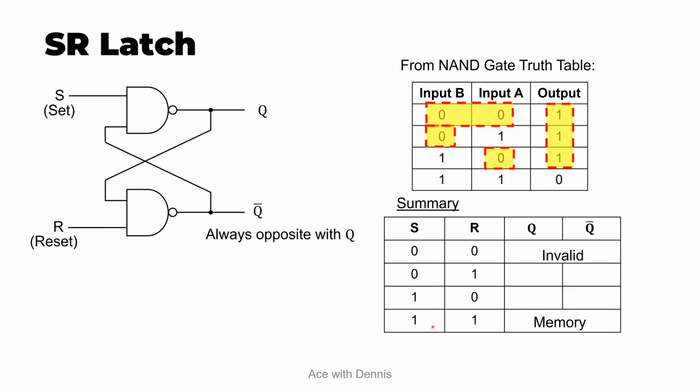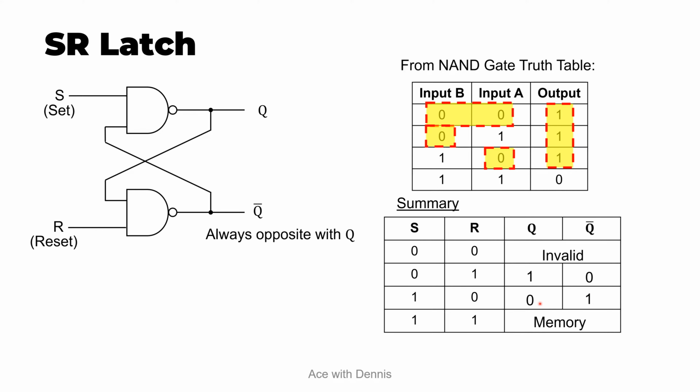When S and R are both 1, it is in the memory state where the output will remain the same. When S is 0 and R is 1, Q will be 1 and Q bar will be 0. On the other hand, when S is 1 and R is 0, Q is 0 and Q bar will be 1.